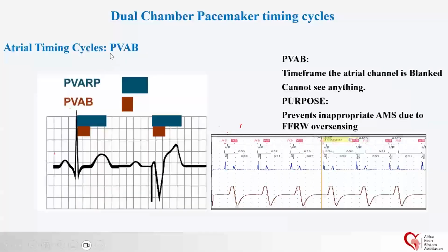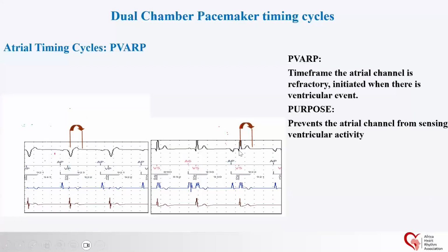A PVAR is a period in which, in the blanking part, the atrial channel is blank. That means it does not sense anything. Here in the PVAR, the atrial channel senses but will not react to this sensing event.